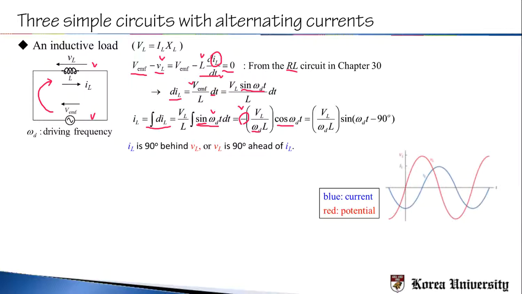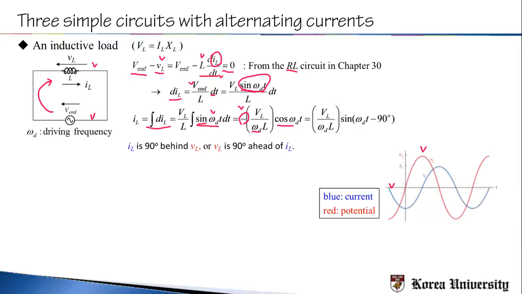Using this graph, the red one shows you the potential, which originally followed the sine function. And now this time, the current will be minus cosine. So minus cosine looks like this. It's cosine reversed, right? Now current and potential are not in phase, so they are shifted away from each other.